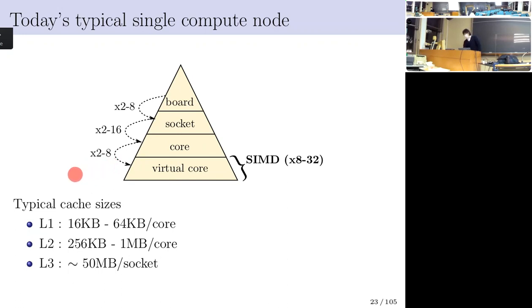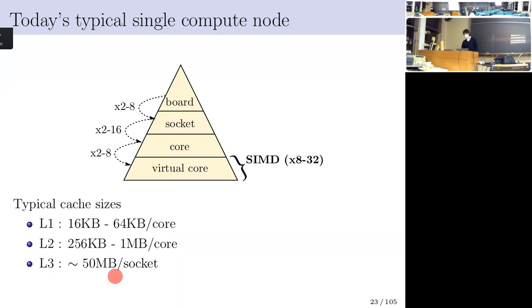L1 and L2 are physically attached to a single physical core. L1 size is typically something like 16 kilobytes to 64 kilobytes per physical core, and L2 size is typically something like 256 kilobytes up to 1 megabyte.